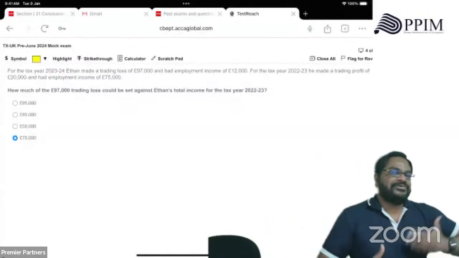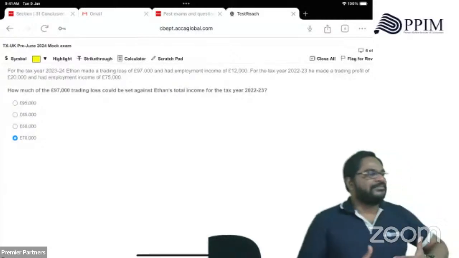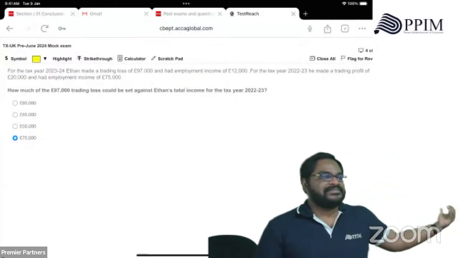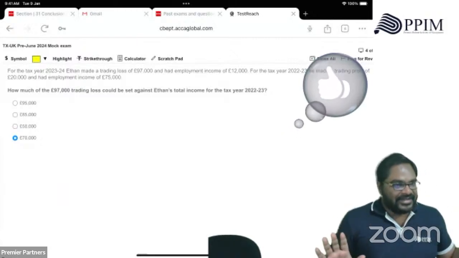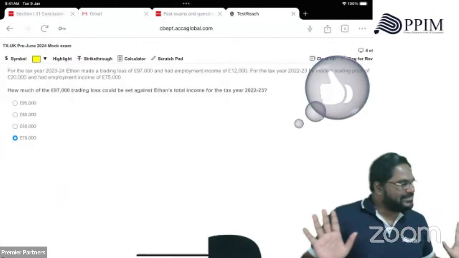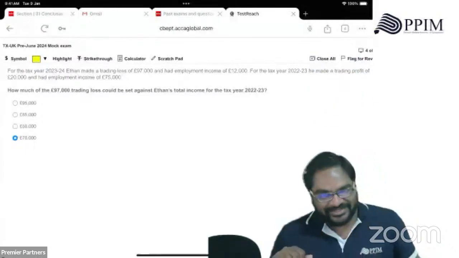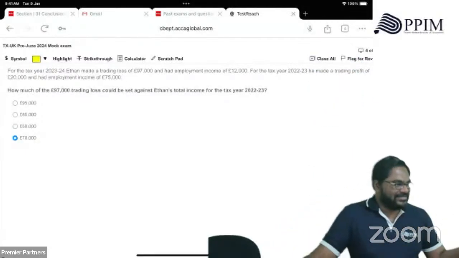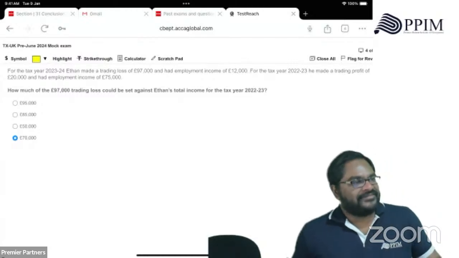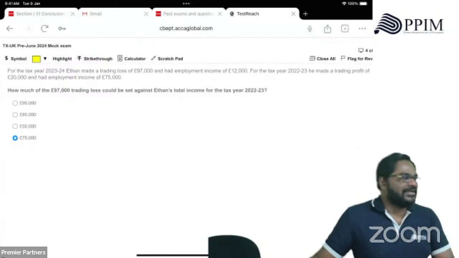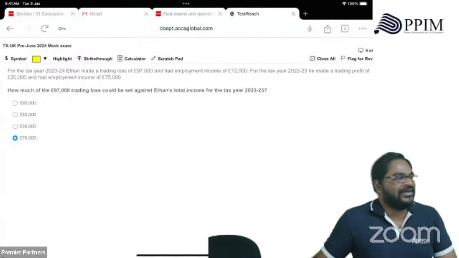But if I try to go against the current year and I am losing the personal allowance, then go for the previous year first. You know there is something called personal allowance. When you deduct loss reliefs, there is a possibility that you might lose your personal allowance. If that happens, is setting off against the current year beneficial for you?